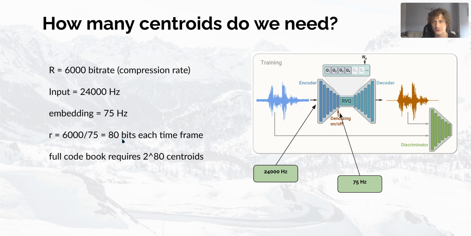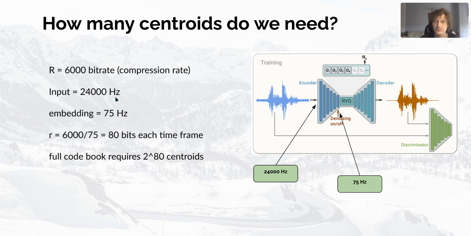If we need 80 bits for each time frame to transmit all the variety of this data, we need a codebook of 2 to the power of 80, right? That's how many centroids we need. That's a lot of centroids to transmit our data with this bitrate, and it's not feasible.